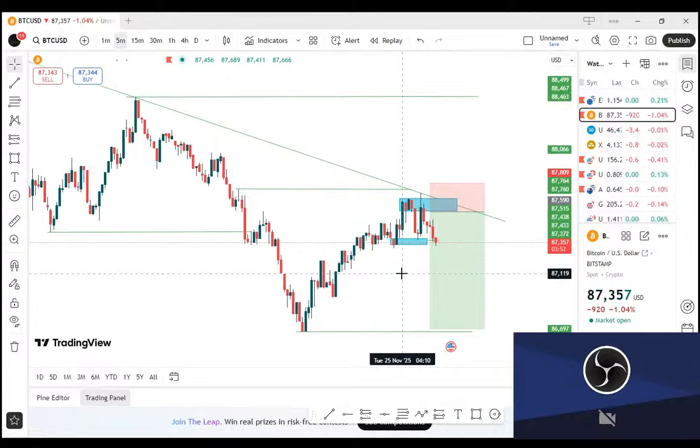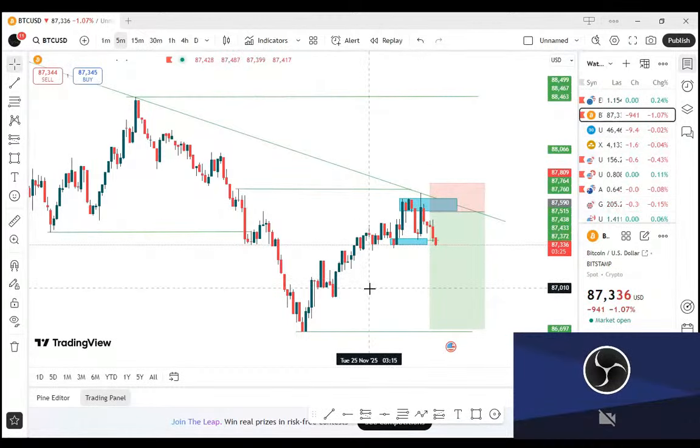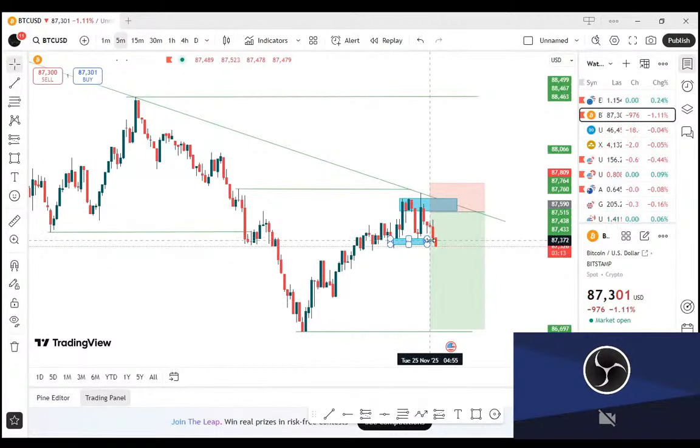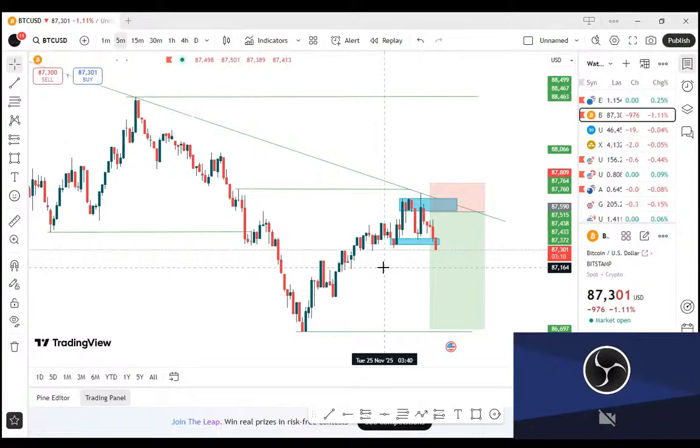So we trace back there. Since the thing is continuously selling from there, let's allow it to break this and then trace.